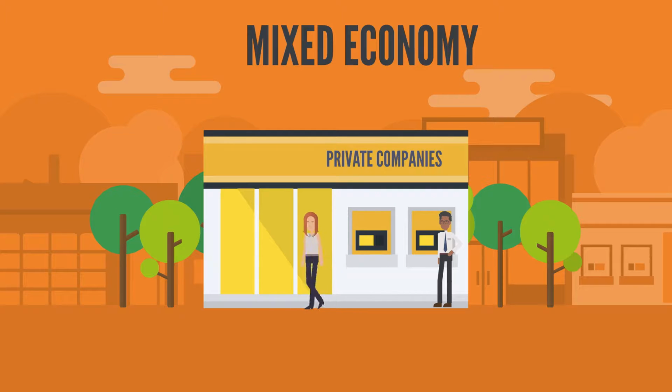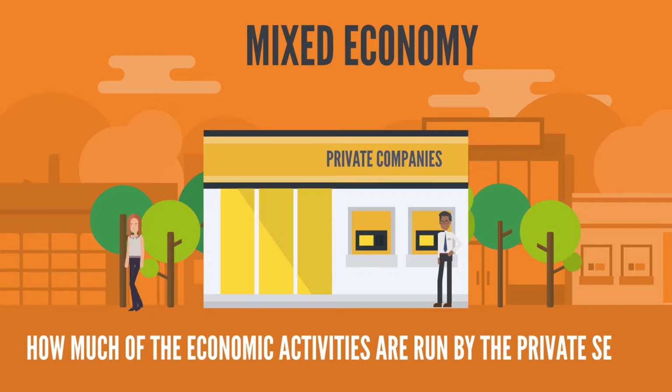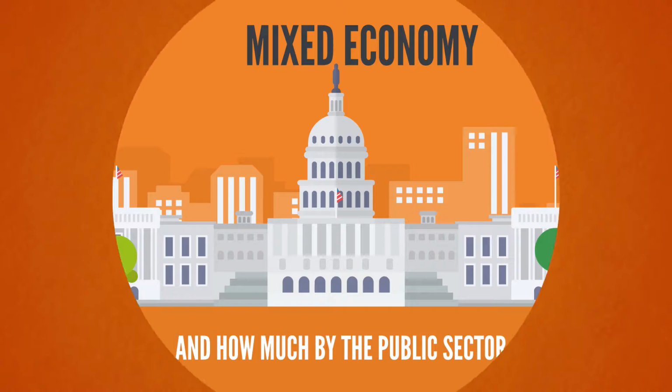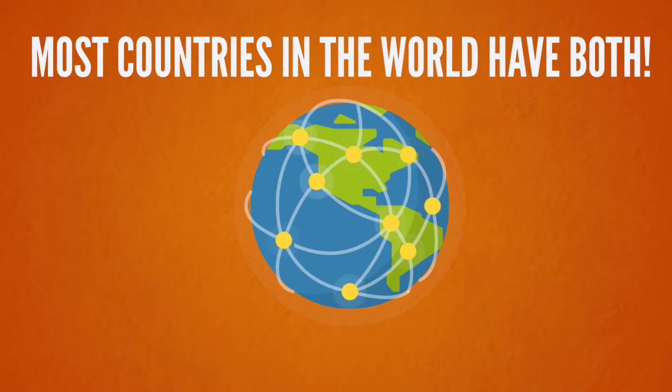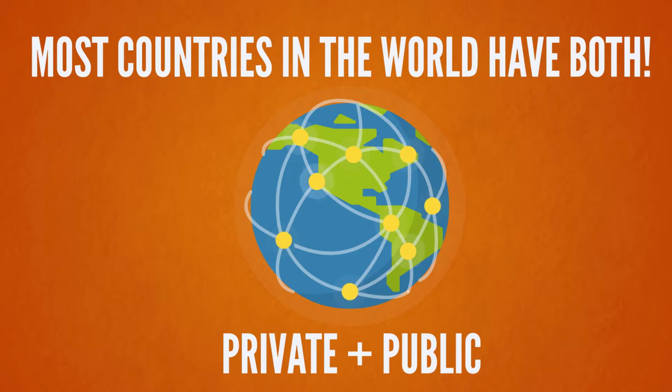Another topic that is important to discuss here is the concept of mixed economy. By mixed economy, we mean how much of the economic activity is run by the private sector and how much by the public sector. Most of the countries of the world have both a private sector and a public sector working side by side.